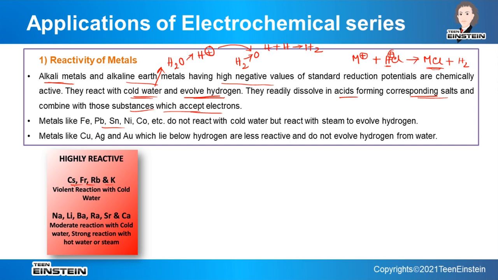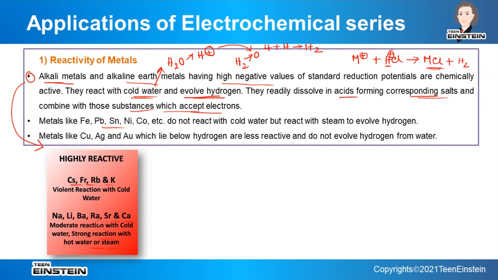So though all of them are alkali and alkaline earth metals, among them there is also variation of reactivity. For sodium, lithium, barium, radium, strontium, calcium, there is moderate reaction with cold water and strong reaction with hot water or steam. So for the first point, this is basically this table.